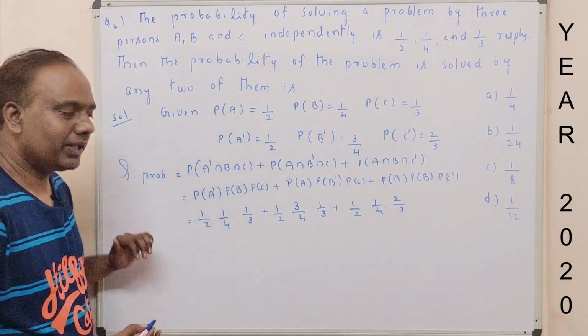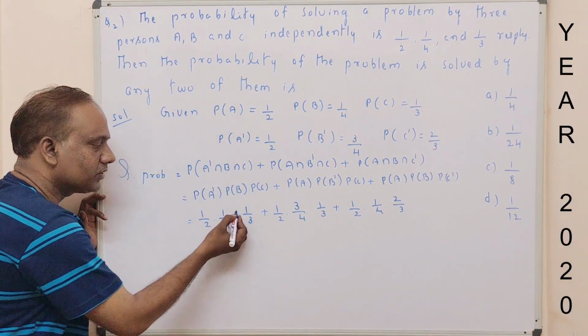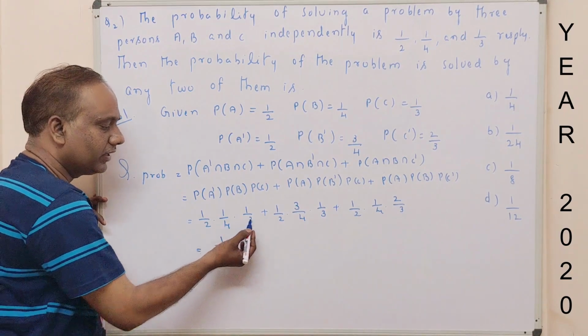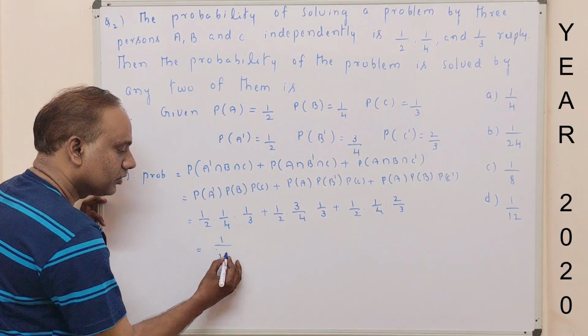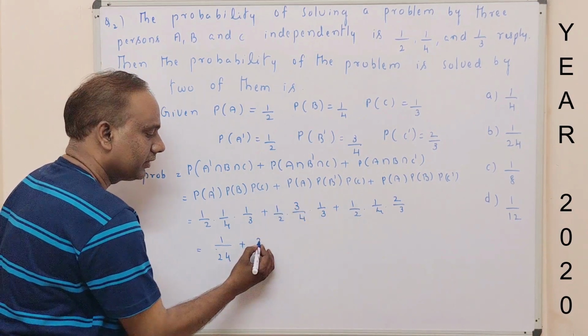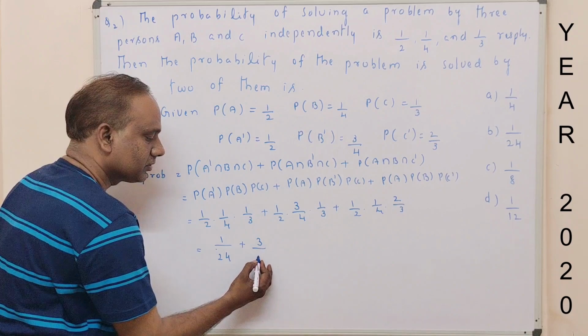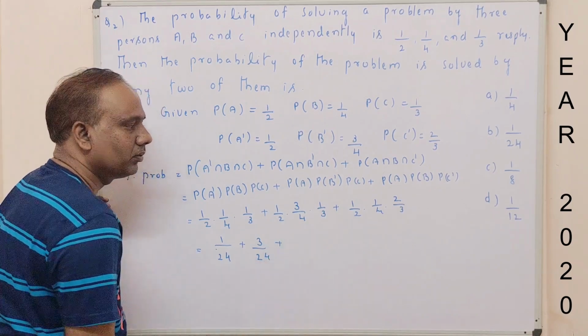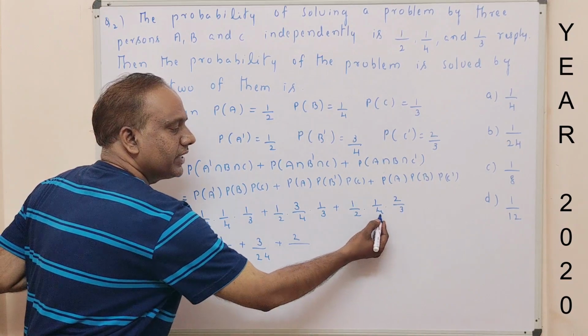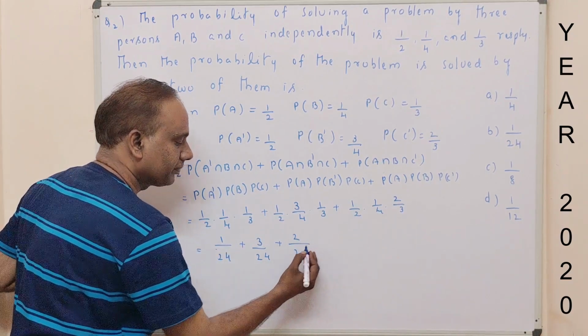So first multiplication, it is 1 into 1 into 1 is 1. So 2 into 4 is 8 and 8 into 3 is 24. Here also same, 3 into 1 is 3 by 24, plus here 2 into 1 is 2 by 2 into 4 is 8, 8 into 3 is 24.